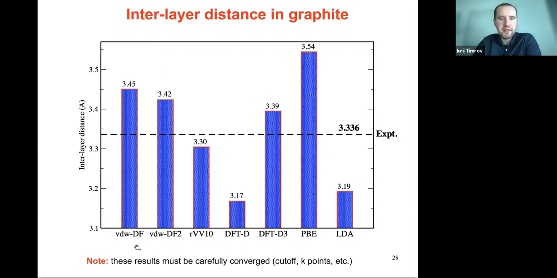But notice that these results are not carefully converged, because of course we use a scarce k-point mesh, low cutoff, etc. So these results should be considered as not fully converged. You should really converge them very well to be sure of the performance of each correcting scheme. But at least it gives you an idea that you see big variations depending on which van der Waals correction you choose.